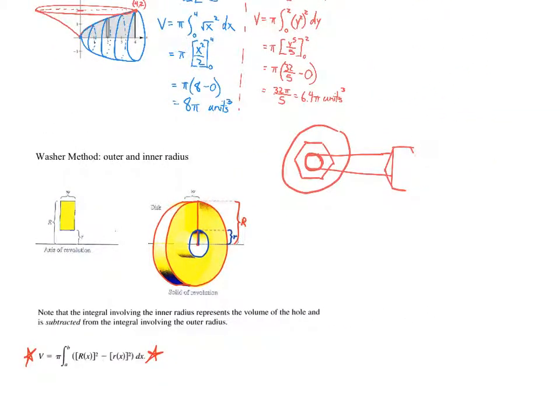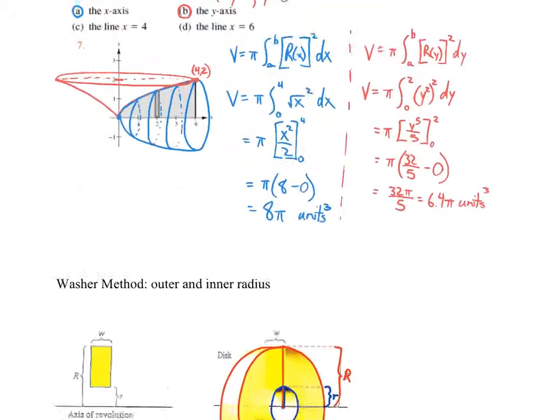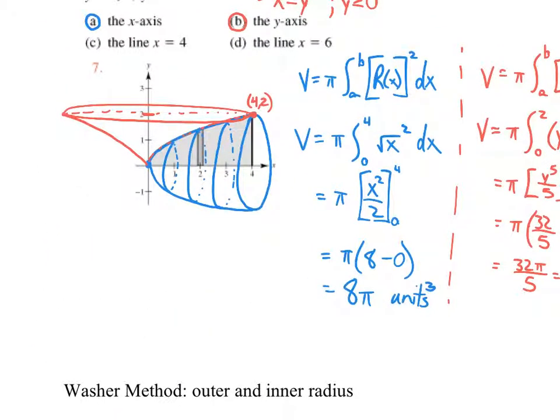All right? How would you cut a hole in it? Well, let's say that we wanted something, well, maybe a washer, okay? Or this bowl-shaped thing up here, let's say we want it to be a certain thickness, but we want it to be hollow so it'll actually hold stuff. Before, what we were looking at with the disc method was called a solid of revolution. It was solid.